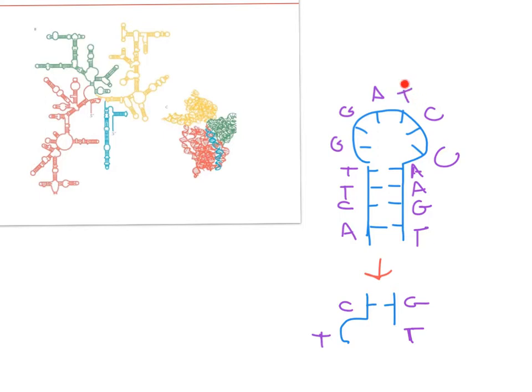Whereas if, say, this were to change, it wouldn't matter nearly as much. So if you look across this entire two-dimensional structure of this rRNA molecule, you can see regions that are base pairing, and those are most likely to be conserved. And regions where there are the loops aren't as constrained. Those are a little bit more free to change.